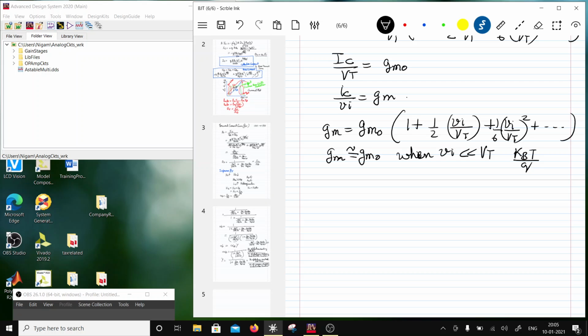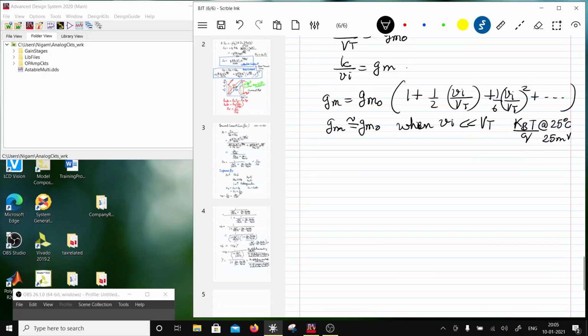At room temperature, let's say 25 degrees C, this is equal to 25 millivolts roughly. So that means that for a BJT, small signal is when the input voltage amplitude is smaller than 25 millivolts, right?